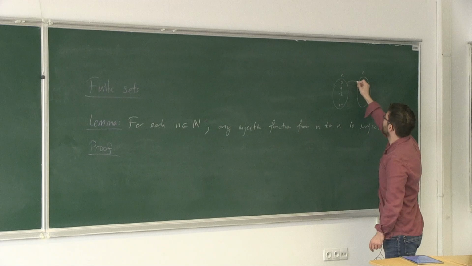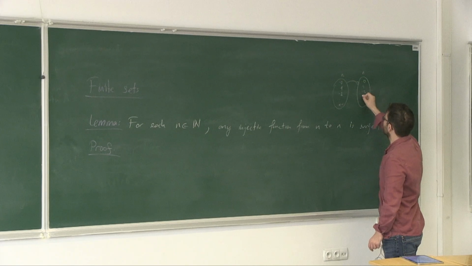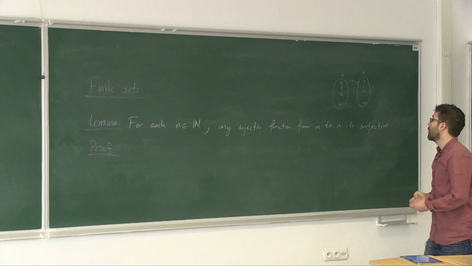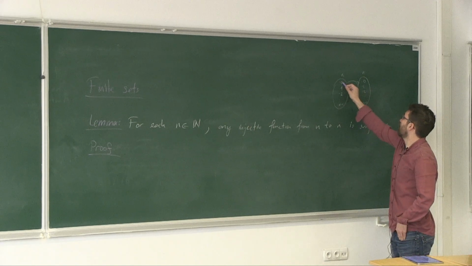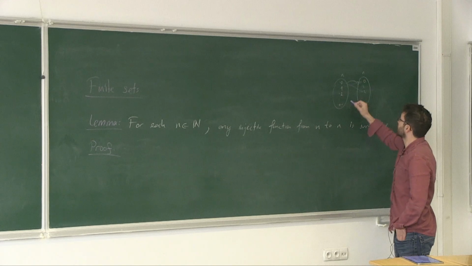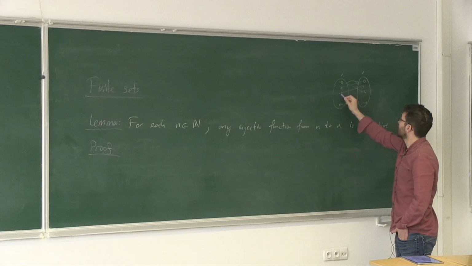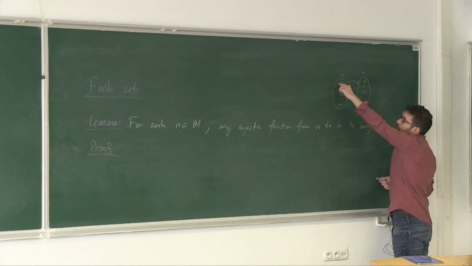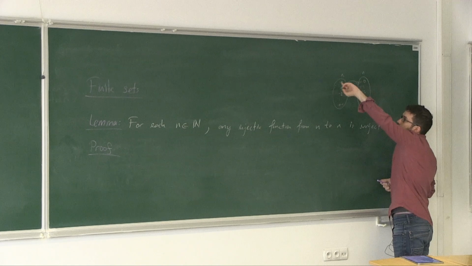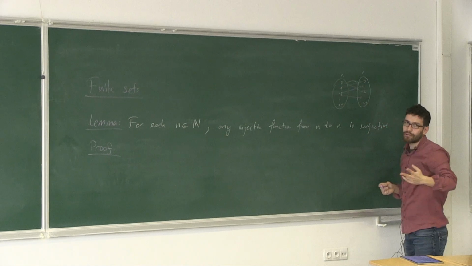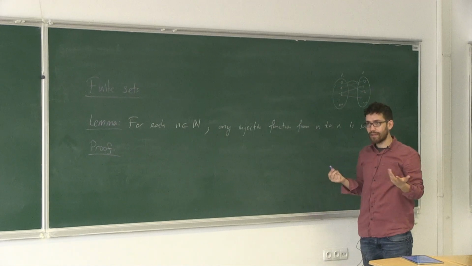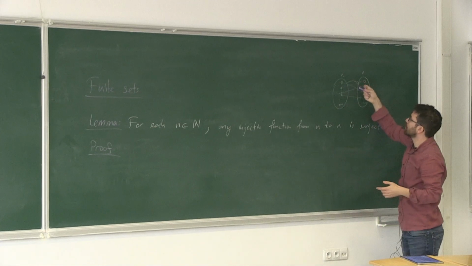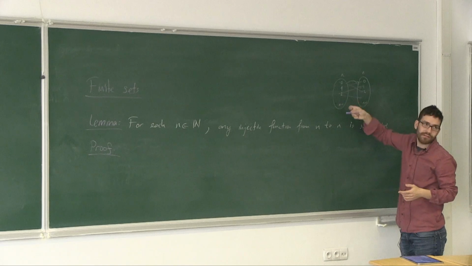If you have a function from the set to itself which is injective, it has to be surjective. Why? Let's understand the reason. I'm going to map this guy to this guy, this guy to this guy, and so on. If this map is injective, then distinct elements in here are mapped to distinct elements in there. And now we're thinking that if that's the case, each of the elements in here gets a different label.